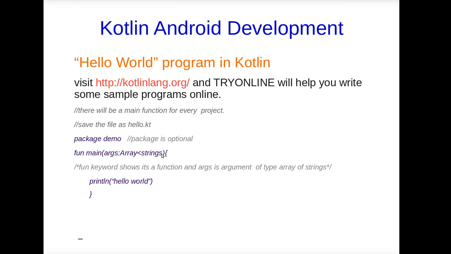I think I missed a greater than sign here. We are just printing hello world. This is a package name, which is optional. As you can see, semicolons are not mandatory, but you can use semicolons if you like.